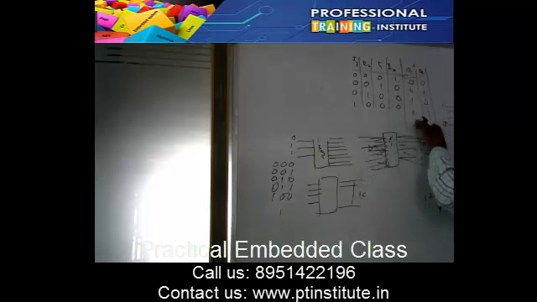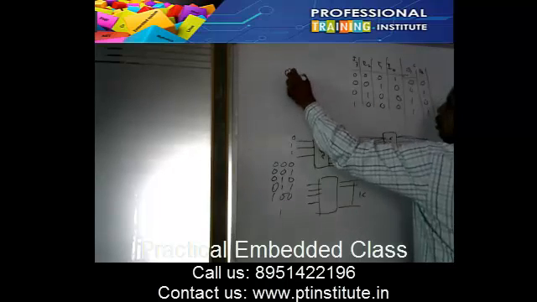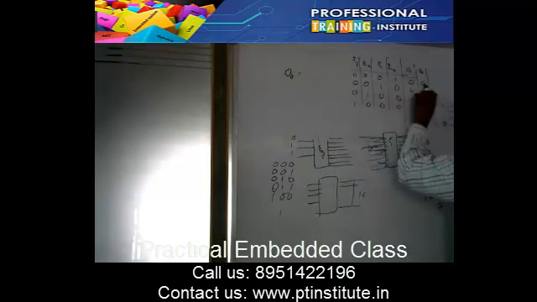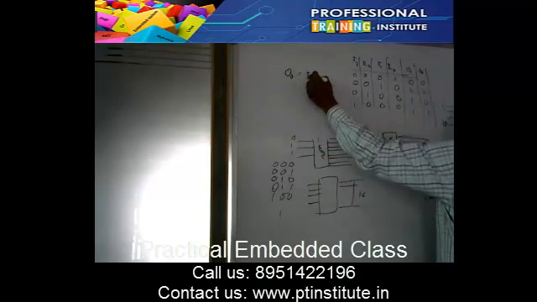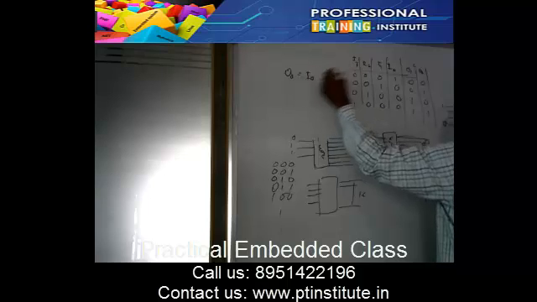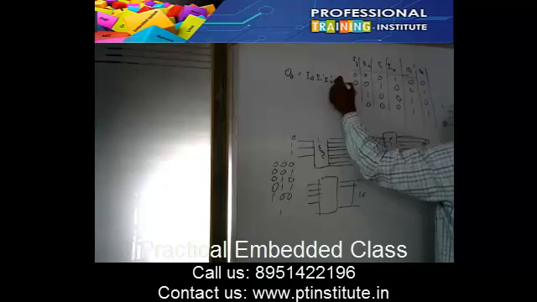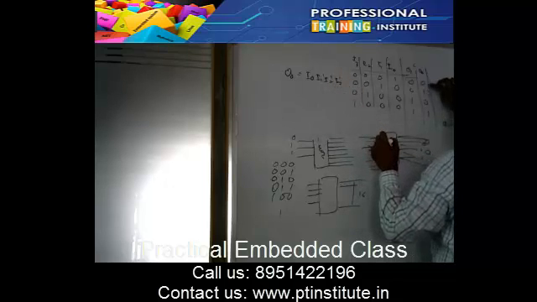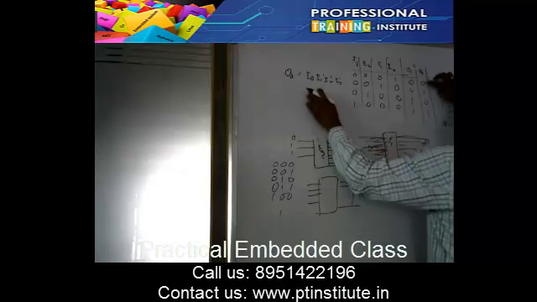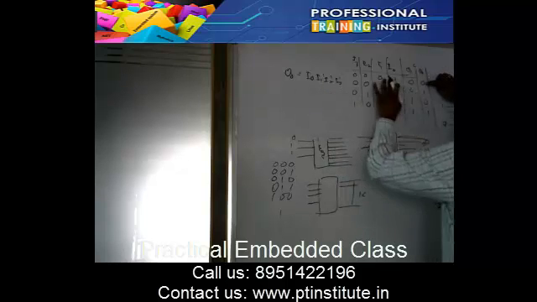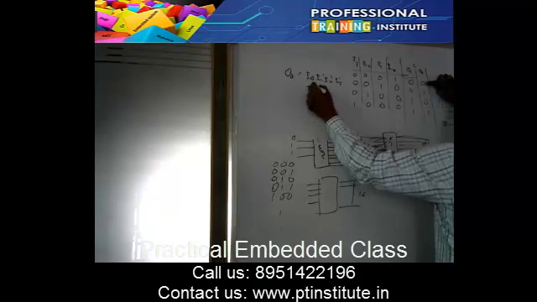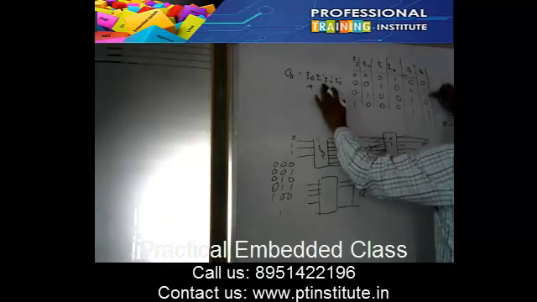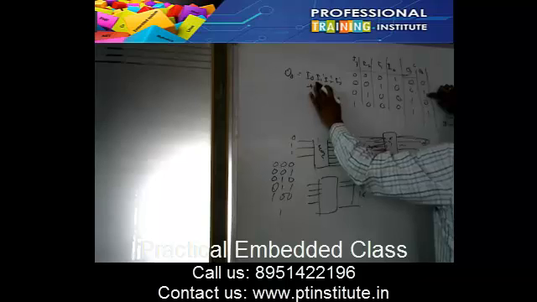So now I have to write this equation. So output O0 is equal to I0, I1 naught, I2 naught, I3 naught. No, I should not write for 0, I should write for 1.